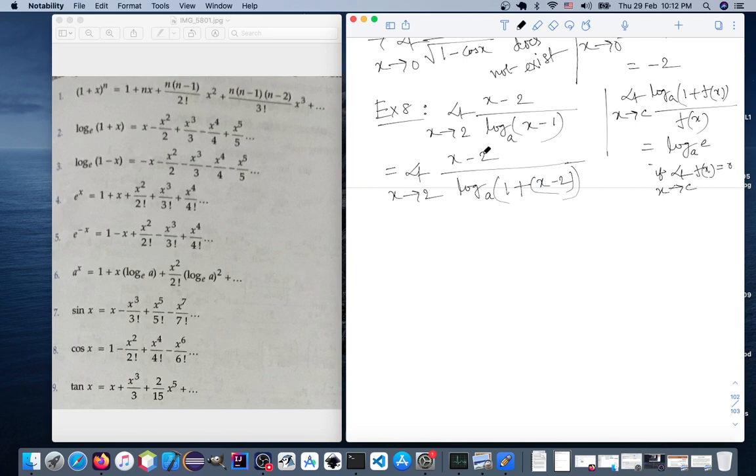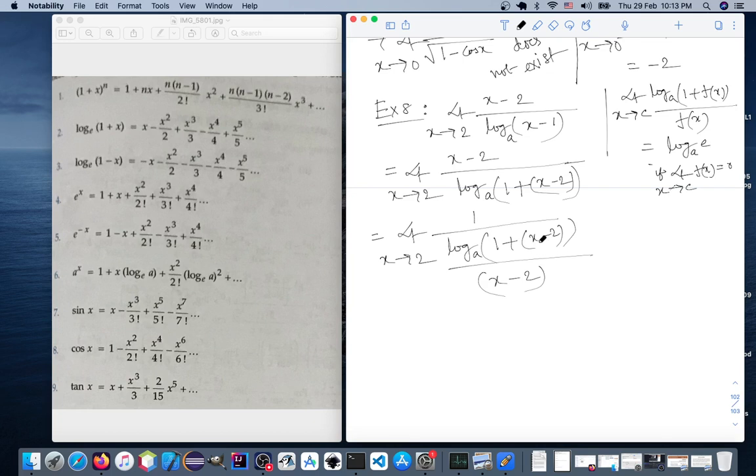We can bring the x minus 2 down as the denominator to log a. So this is the limit x tending to 2 of 1 by log a (1 plus (x minus 2)) by (x minus 2).